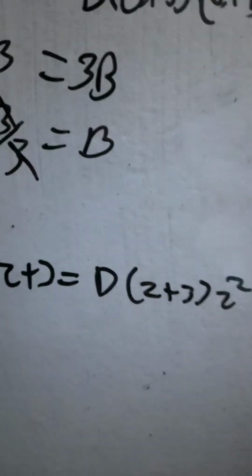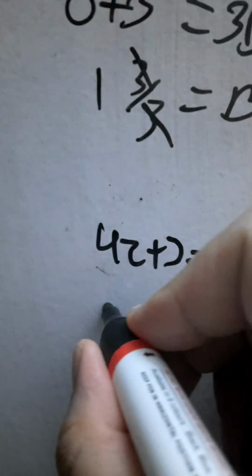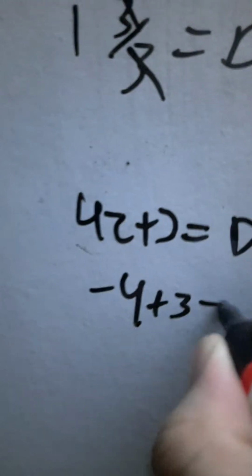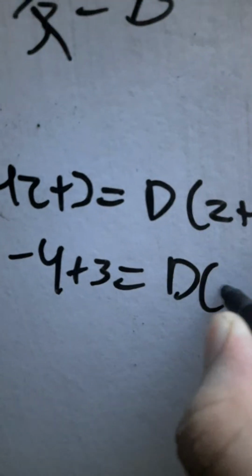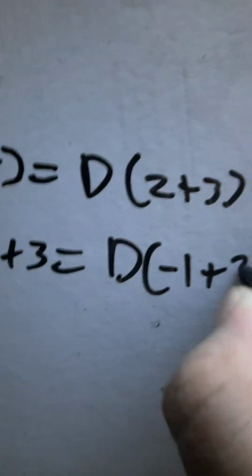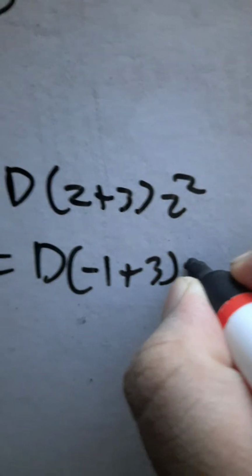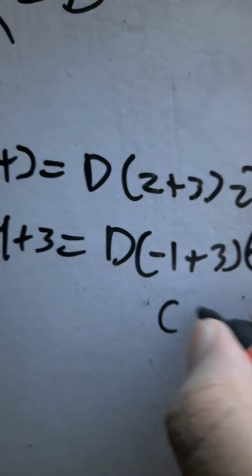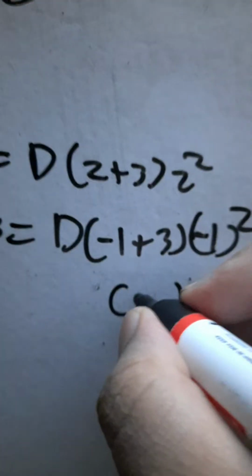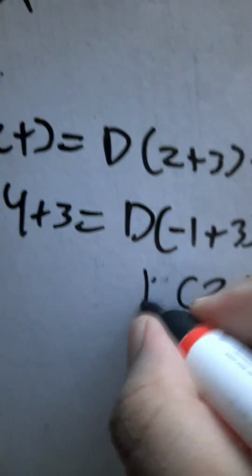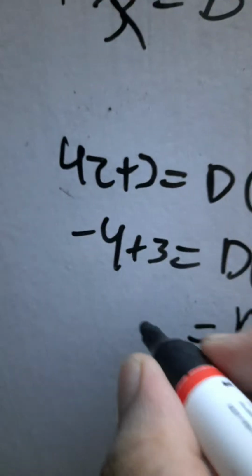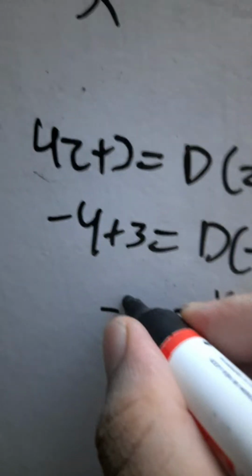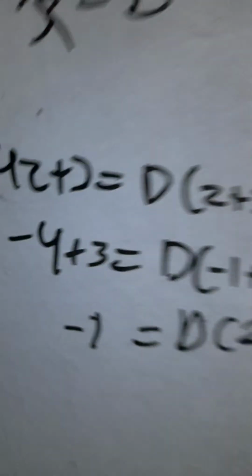So for z equal to minus 1, we take minus 4 plus 3 is equal to D into minus 1 plus 3 into minus 1 whole square is 1 into 3 minus 1 is 2. D is equal to minus 4 plus 3 is minus 1.